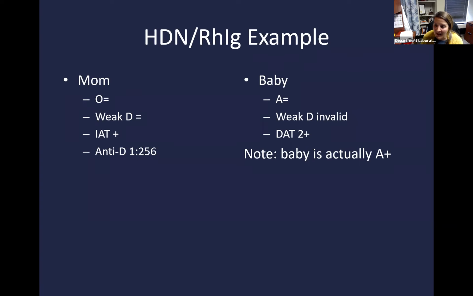So the baby is actually Rh positive, but because of such a high titer of anti-D, all of the D antigen sites on the baby red cells are taken up by anti-D. So there are no available D antigen sites left for our reagent to bind to. So that's why upon initial spin, we get a negative reaction, and then in our weak D testing, we have a positive Rh control, okay?